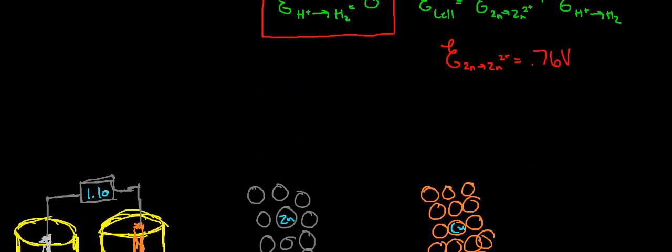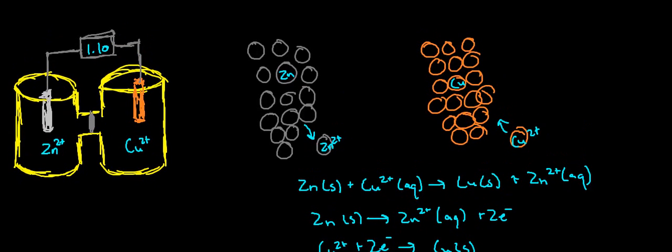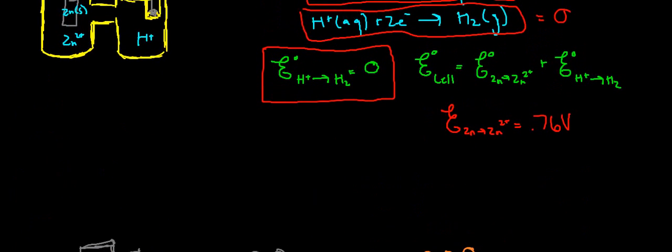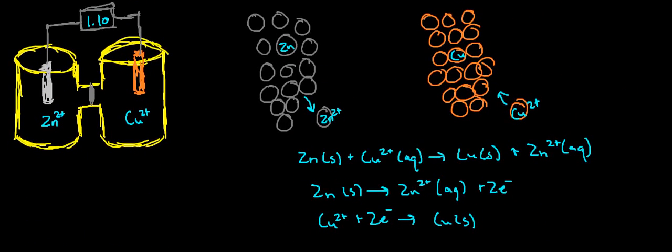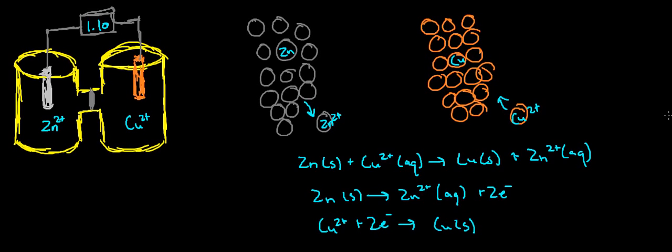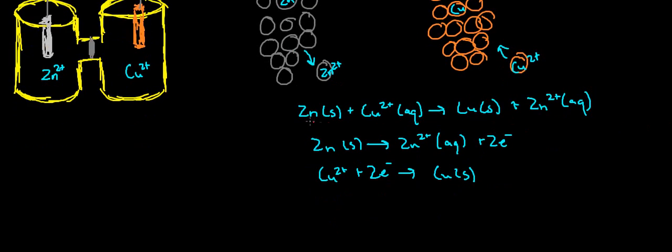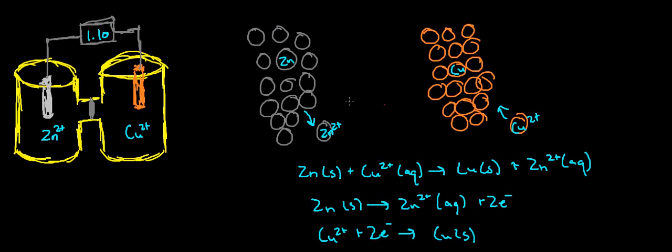And to give an idea how this continues, I have another example here, now that I know this standard reduction potential, to show how it's used to get a comparison. Now I've got a different oxidation reduction reaction. Zinc, but this time reacting with copper, forming solid copper and zinc ions. This is an illustration of what's going on. There's solid zinc.